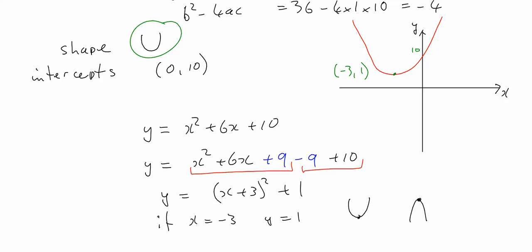Well, what one would you like to do? Y equals x 2x squared plus b squared minus 4ac, so 6x plus 3.